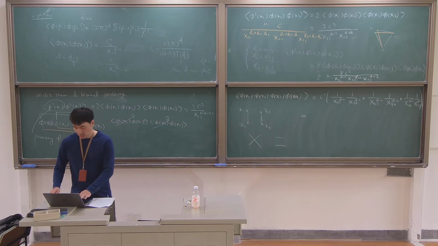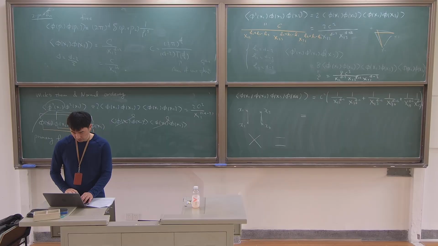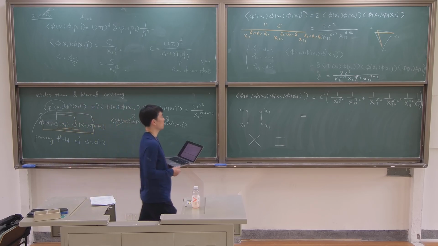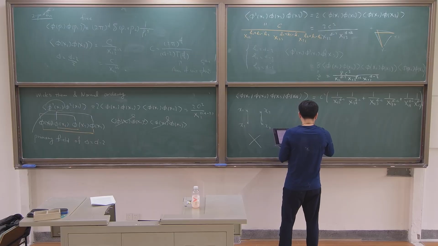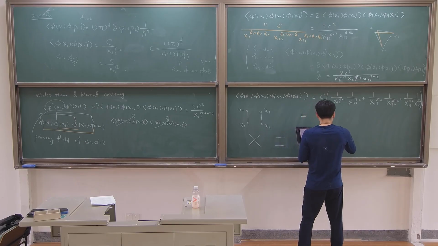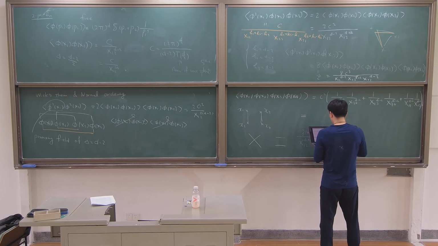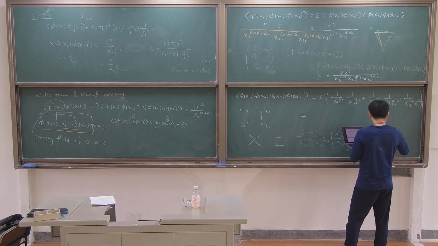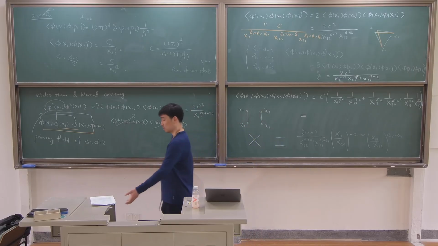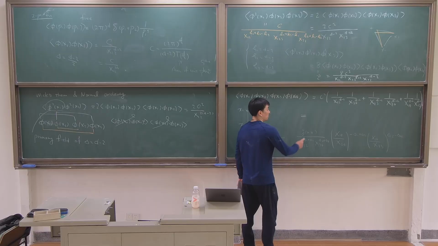The 4-point function in CFT generally has this kind of form, where u and v are cross ratios, and the same thing happened here.